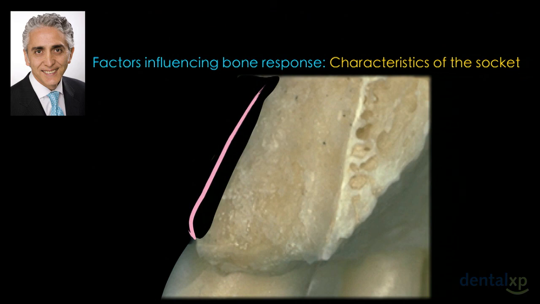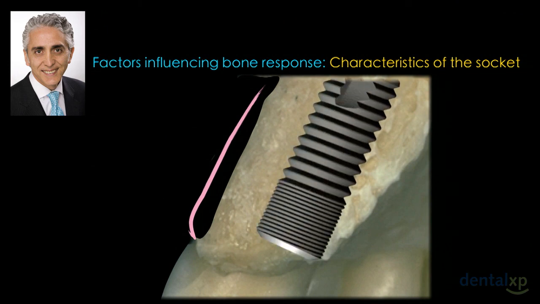Now, if you have a thick facial plate, some of it will remain, such as on the palatal side. Now, when we place our implants, if we place it sufficiently to the palatal, how is the bone going to form on there? Through contact osteogenesis. Contact osteogenesis will assure that new bone will form on there.